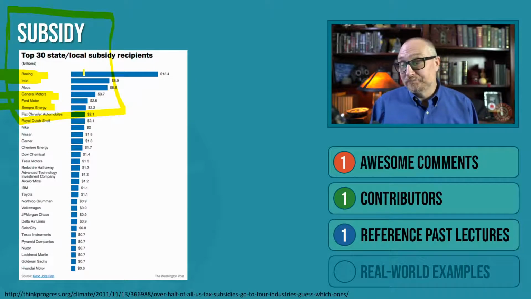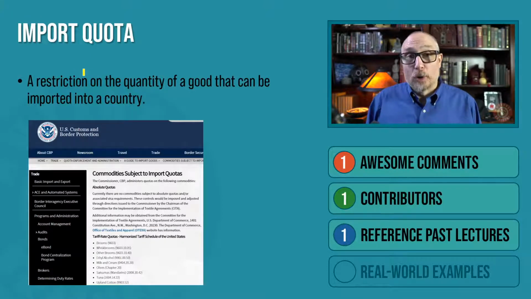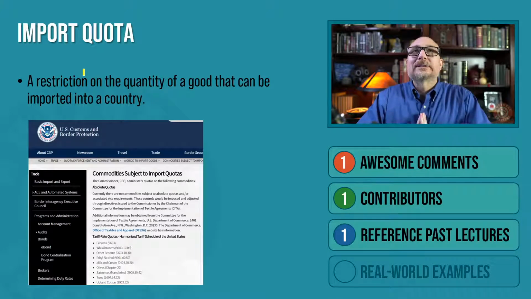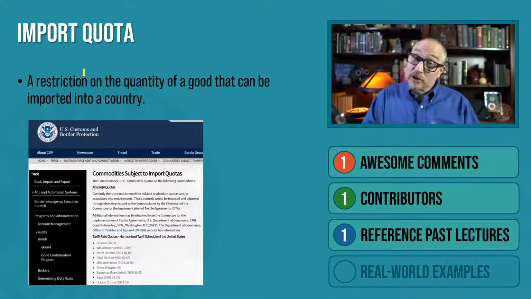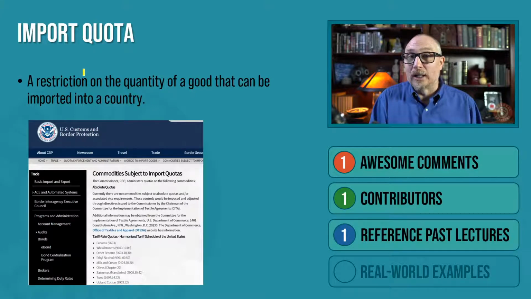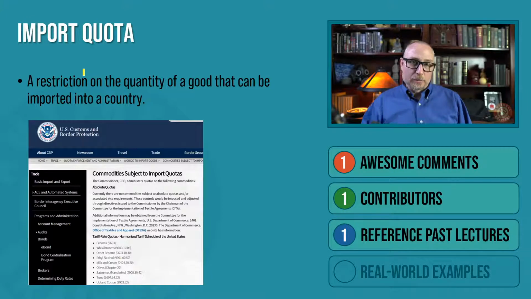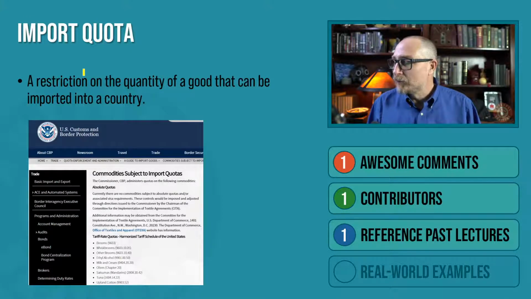Okay, so yeah, kind of interesting. All right. We also have import quotas. Another form of protectionism is when we say, okay, you can go ahead and import that in, but you can only import in so much. Once you meet a quota, we're going to cut off the imports. So you can't import an infinite amount of this stuff.